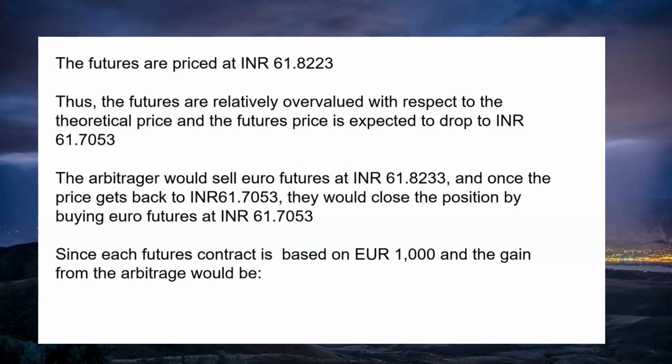Since each futures contract is based on 1000 euros, the gain from the arbitrage would be rupees 61.8233, that is the sell rate, minus 61.7053, the theoretical price, times 1000 euros, which will result in rupees 118.